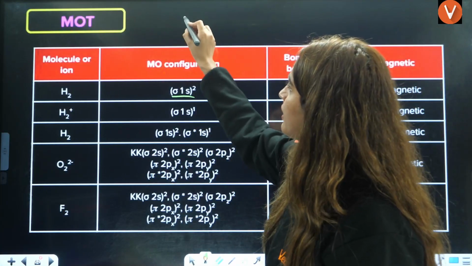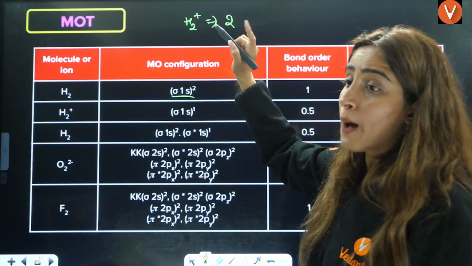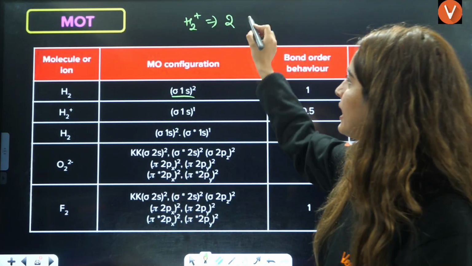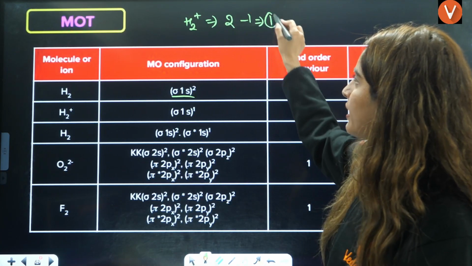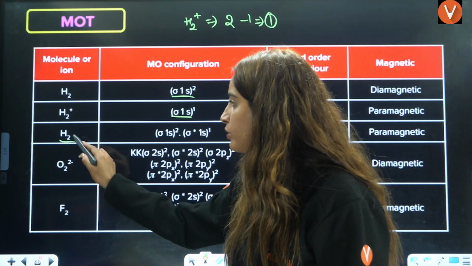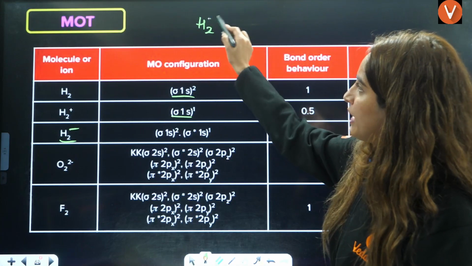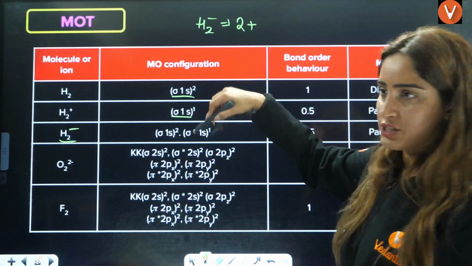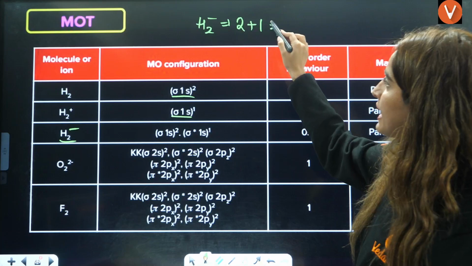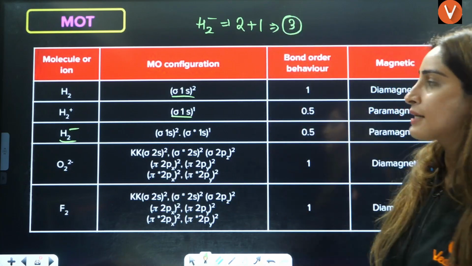If you have H2 positive, that means you had 2 electrons, but positive means you are taking out 1 electron, that is minus 1, so it is 1 electron. So that will be sigma 1s1 only. Right? H2 negative. What is H2 negative? H2 negative means you had 2 electrons for H2 plus 1 electron, because we are adding 1 electron here, that is total 3, right?